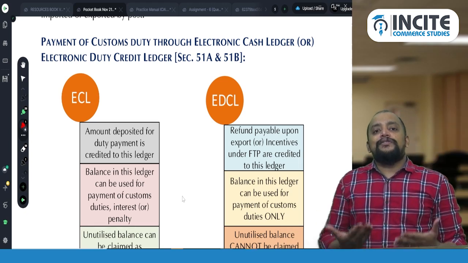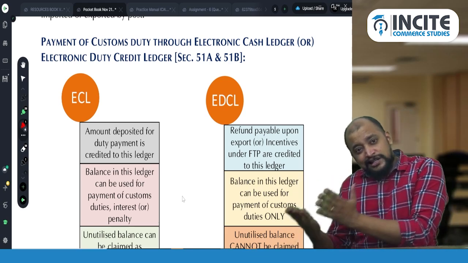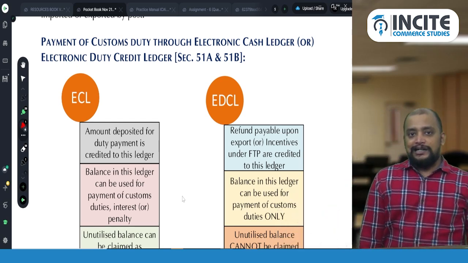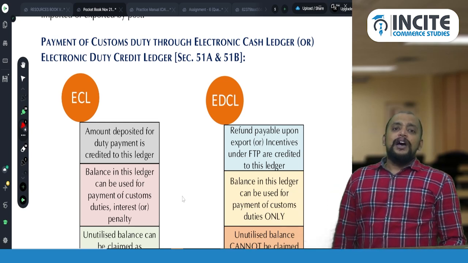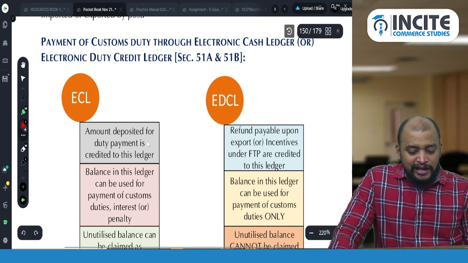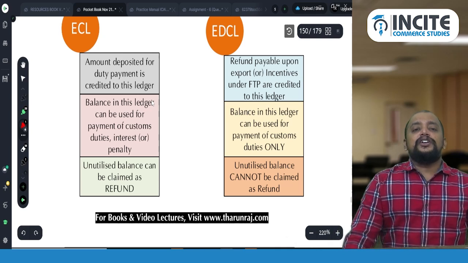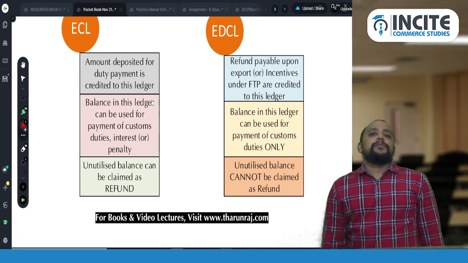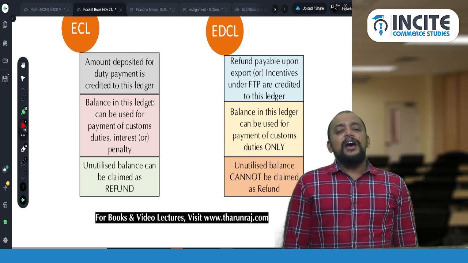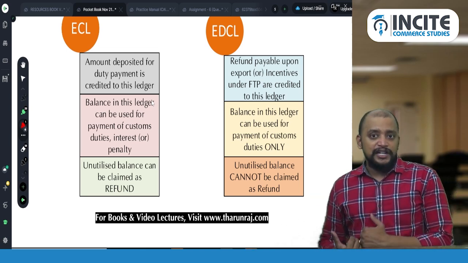So whatever duty is there, if that much balance is there in the duty credit ledger and cash ledger, it gets debited. So you don't have to make the payment separately. Got it? At different points of time we can make deposits into the electronic cash ledger, and whenever you deposit, that payment will be credited to this ledger, and using that balance we can make payment of customs duty, interest, penalty, etc. And whatever unutilized balance is in the electronic cash ledger, you can claim as refund.